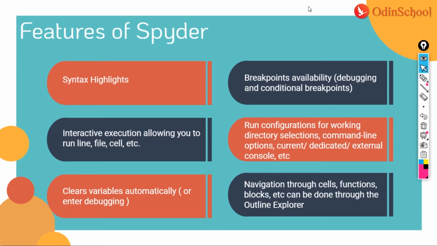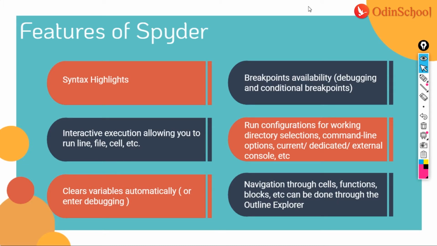And this highlight marks the text. I mean, you would know if it is correct or if it is wrong. The first point. The second point is there is availability of breakpoints, and you can use conditional breakpoints or you can use simple debugger breakpoints to check how your system is behaving.